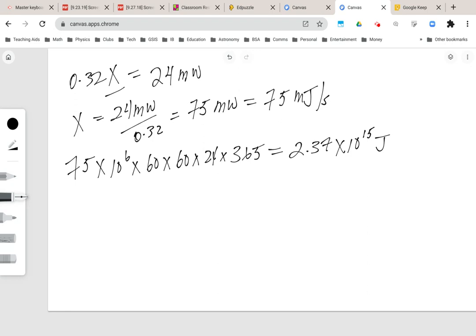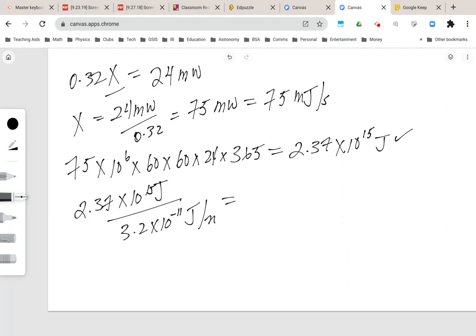So if we take this amount of energy, our 2.37 times 10 to the 15th joules, and divide it by the 3.2 times 10 to the negative 11th joules per nucleus, I'll just say per N, this number turns out to be about 7.4 times 10 to the 25th.